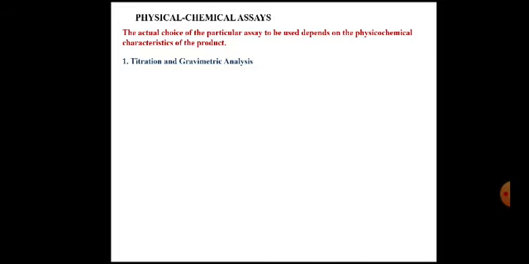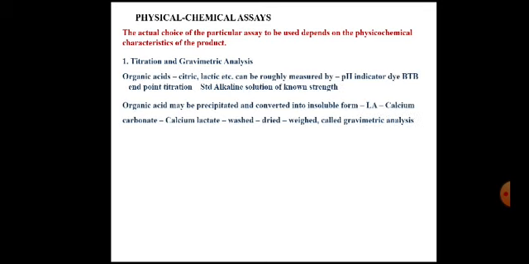First example of physicochemical assays is titration and gravimetric analysis. Generally, it is used for the quantitation of products like organic acids.